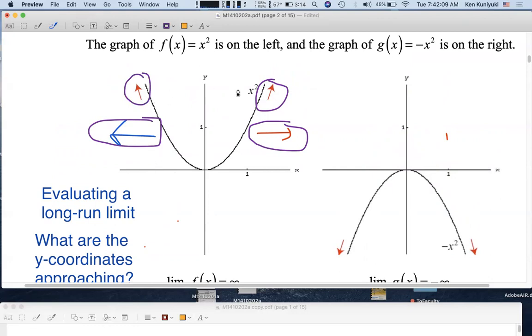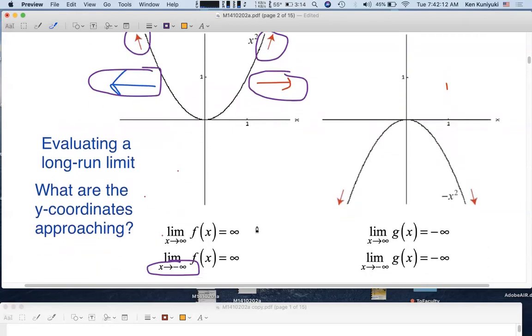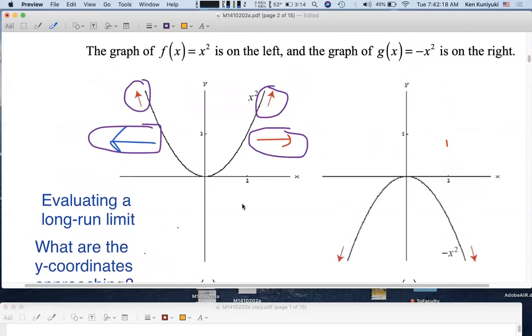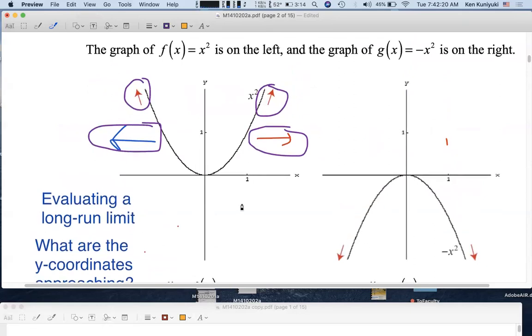This is because of symmetry. So in both cases, the long run limits will be infinity. Now, the phrase go back to where you came from is often taken as rude, but here it's very appropriate. If you look at things left to right, what's happening with this bowl?